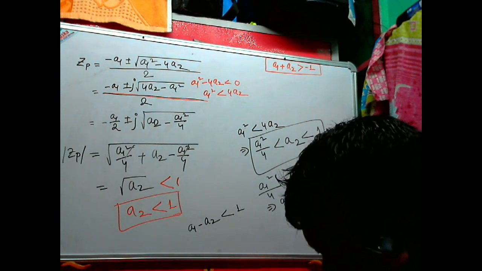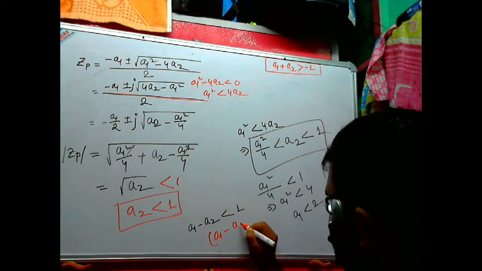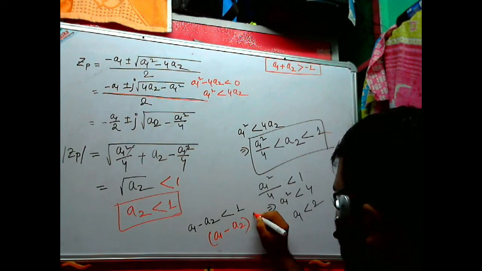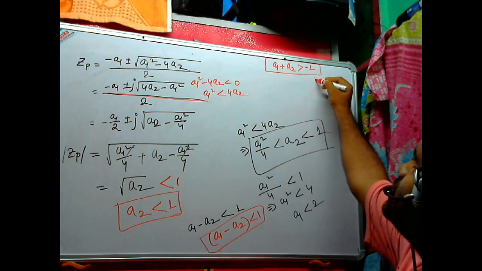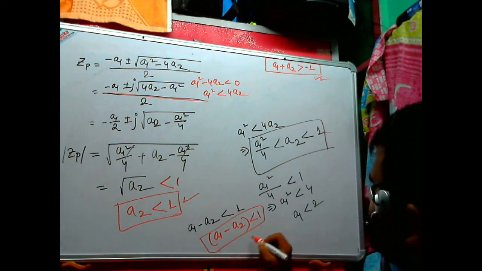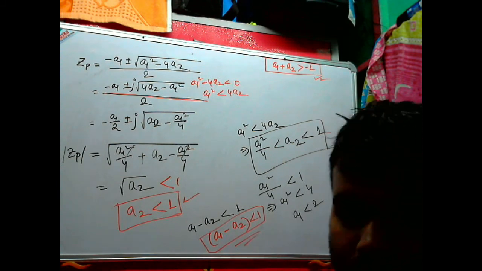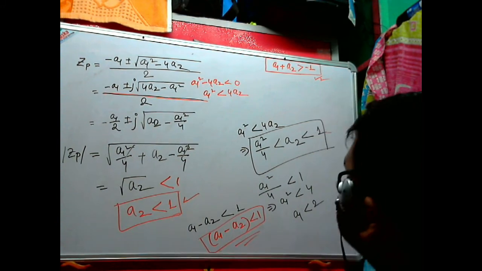So this is the third condition: a1 minus a2 is less than 1. The first condition is a1 plus a2 greater than minus 1, the second is a2 less than 1, and the third is a1 minus a2 less than 1. So option D is correct.